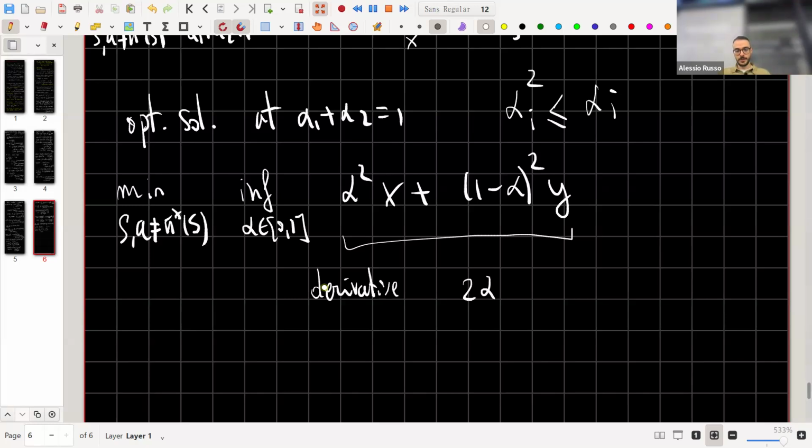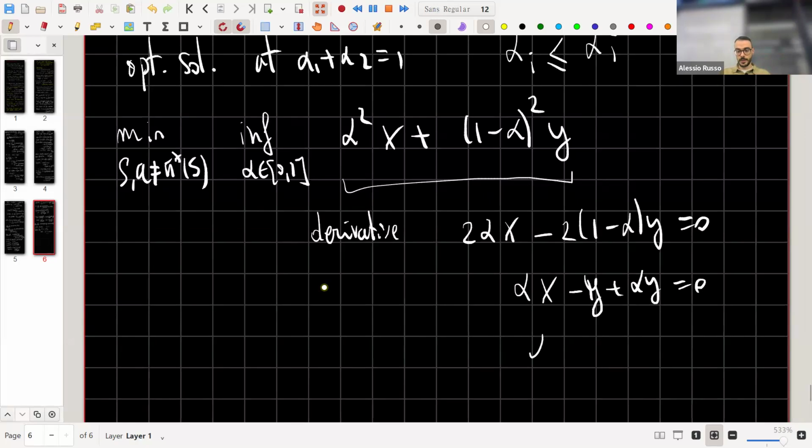We get 2 alpha x minus 2 (1 minus alpha) y equal to 0. So alpha x minus y plus alpha y equals 0. So we have that alpha is equal to y divided by y plus x.